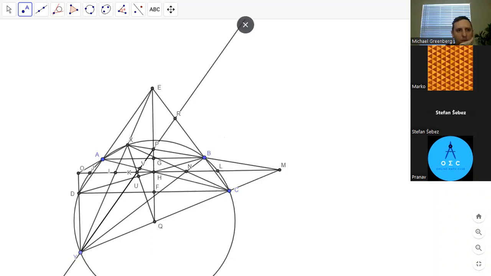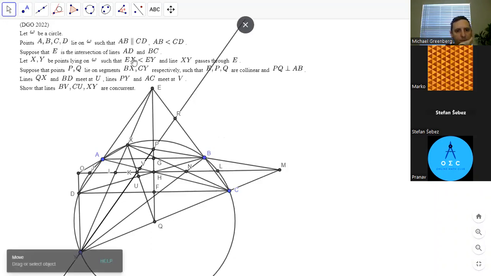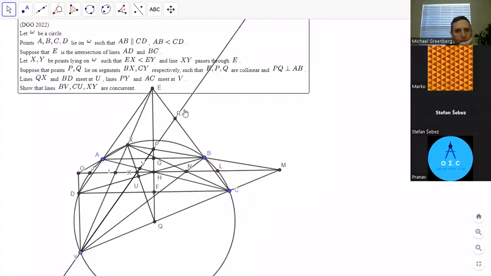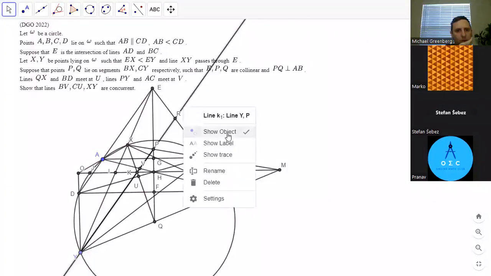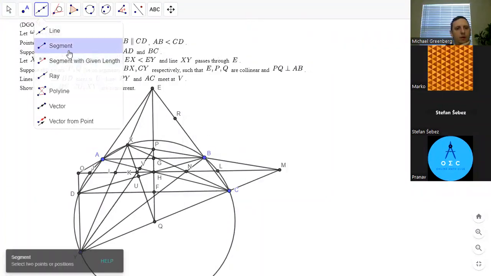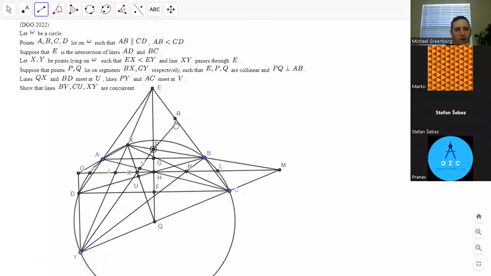And what if we project those through point C? Well, we wouldn't know where P goes.